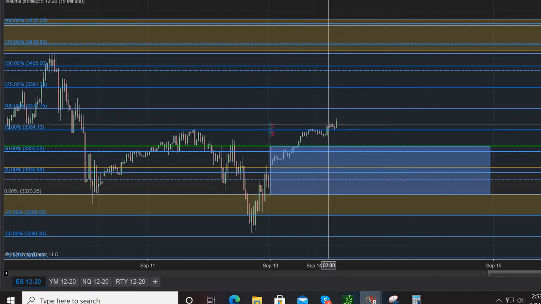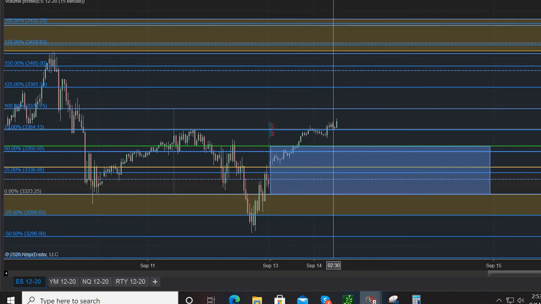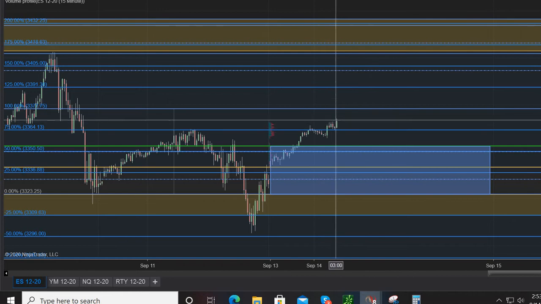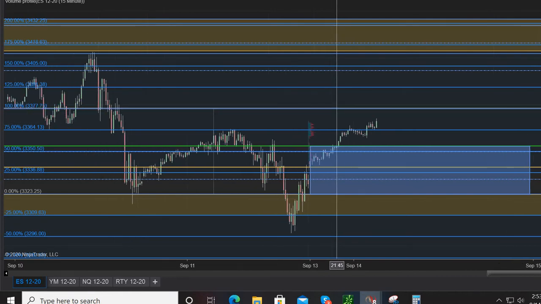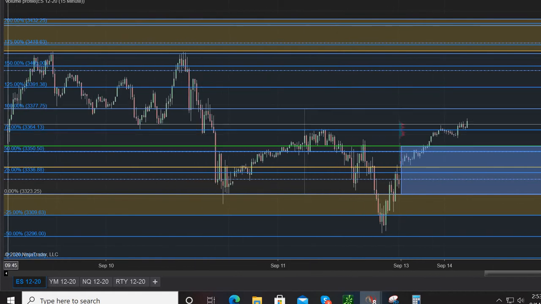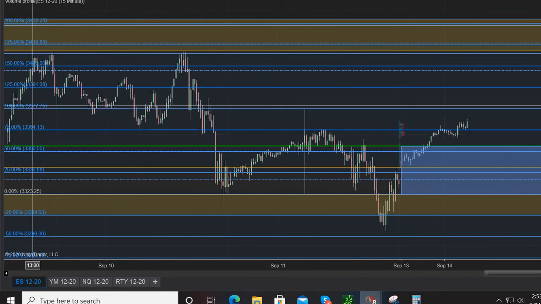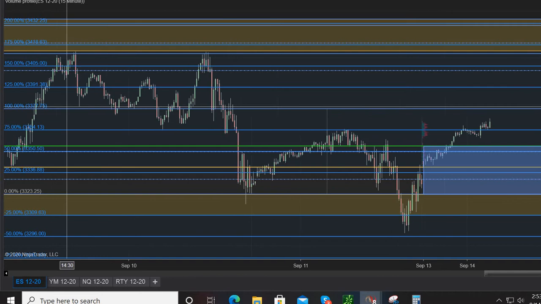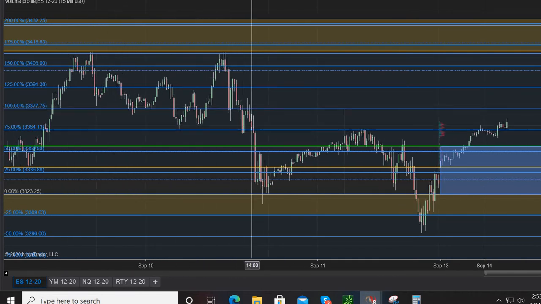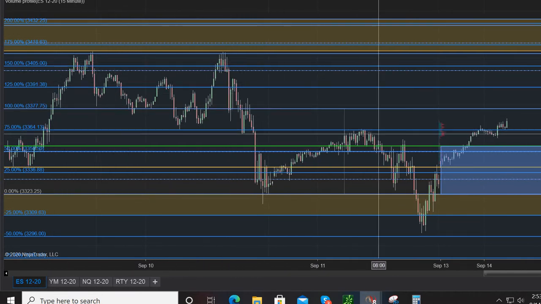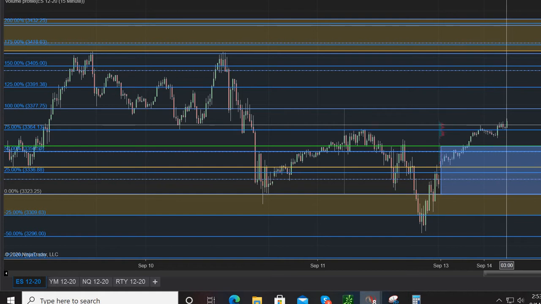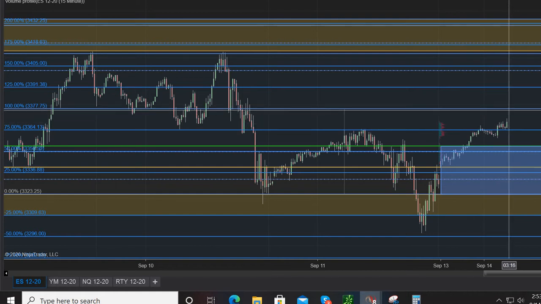I wouldn't have been against an entry here to get long and possibly go for the middle of this range, which happens to be the 100% expectation zone. This is a range we have going on, and we may hit this during London.